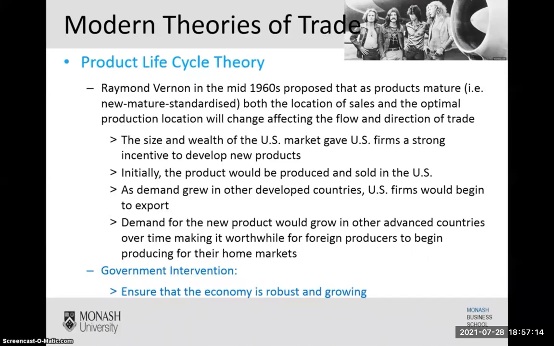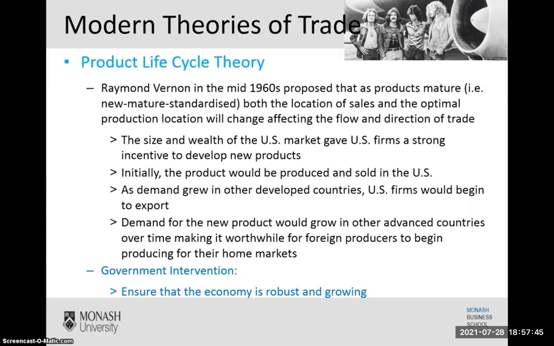According to Vernon, once a product became even more mature, it eventually got to the point where the key differentiating feature was the price of the product, and that in turn forced many producers to look for cheaper locations to manufacture their product, which ultimately often led to a situation where firms were exporting that product back into the United States at a lower cost. So that was the general process of international trade, according to Vernon.